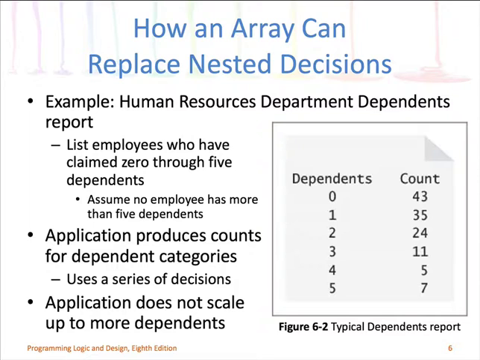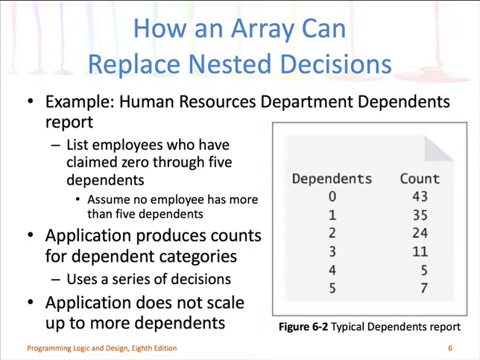Now, in real life, that probably covers 95%, but there are families that are much bigger or have more than 5 dependents in them. So what we're going to do is we're going to start out using what we know to this point and just make a set of decisions and have multiple count variables so that we can generate something similar to what's shown in Figure 6.2.